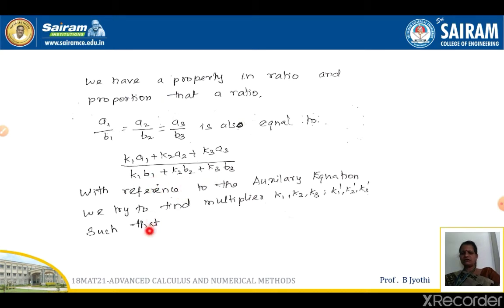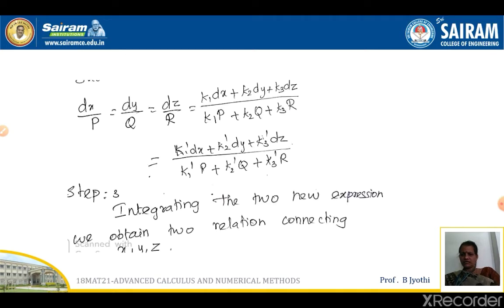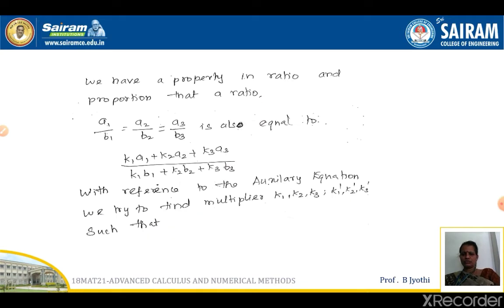With reference to the auxiliary equation, we try to find the multipliers k1, k2, k3, k1 dash, k2 dash and k3 dash, so that we can write dx by P is equal to dy by Q is equal to dz by R is k1 dx plus k2 dy plus k3 dz divided by k1 P plus k2 Q plus k3 R.